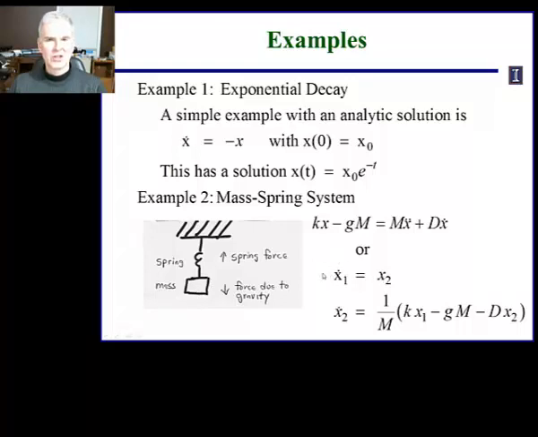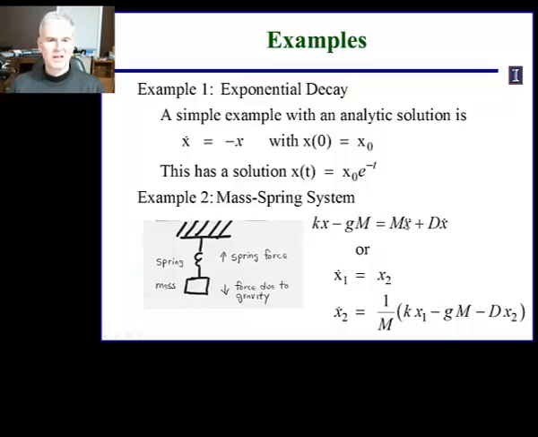So we've got that the change in the vertical position is just equal to its vertical velocity. And then x2 dot, which represents x double dot here, we just solved this equation for x double dot, which is x2 dot, and we can now write this in terms of x1 and x2 here.